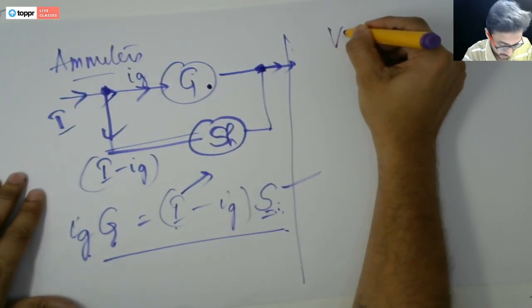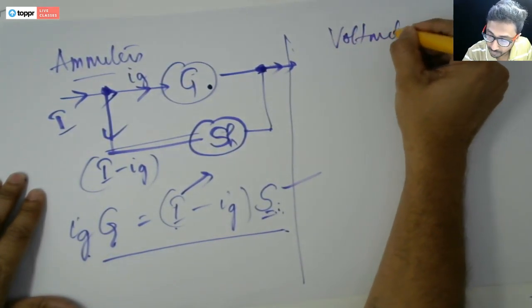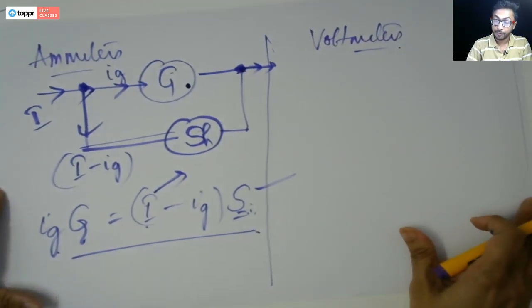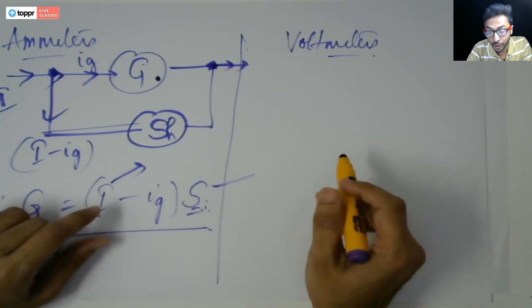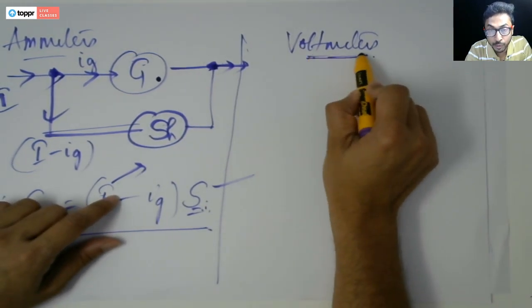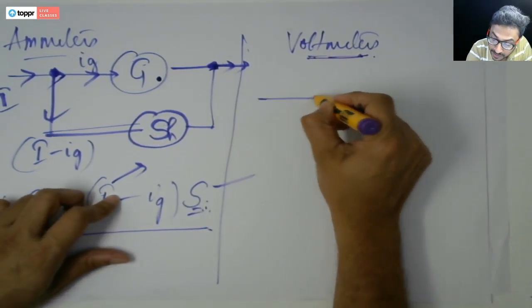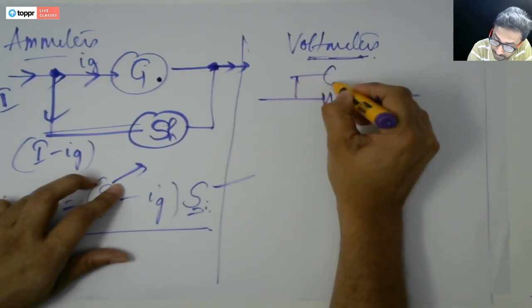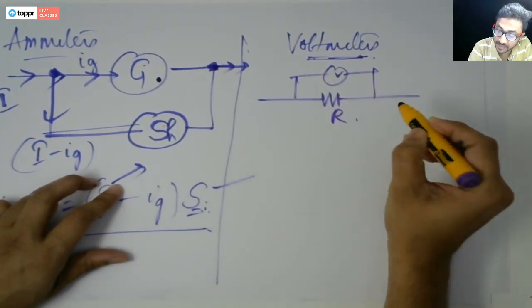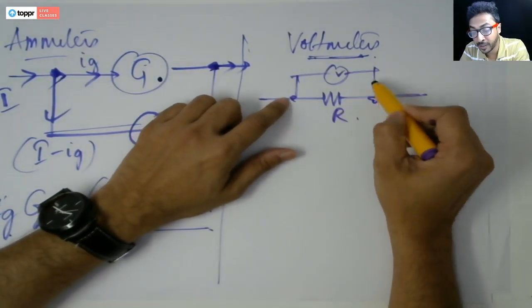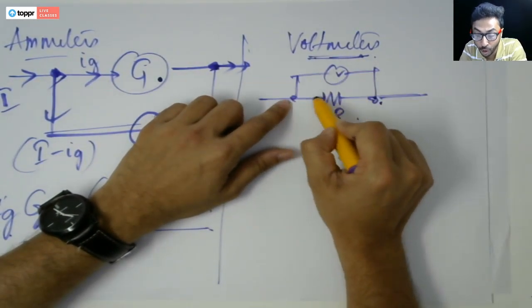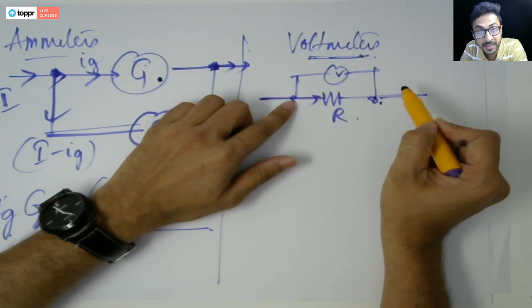What about voltmeters? For voltmeters, it is very interesting to note, voltmeters are used to measure voltage across a certain resistance. So here also, if we connect the voltmeter, it should not alter the current that is flowing through the resistance.